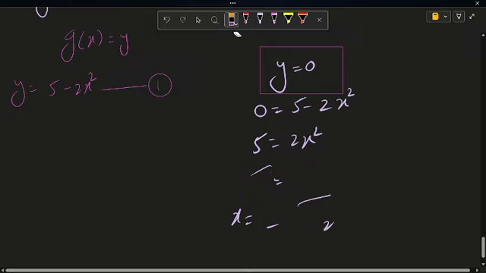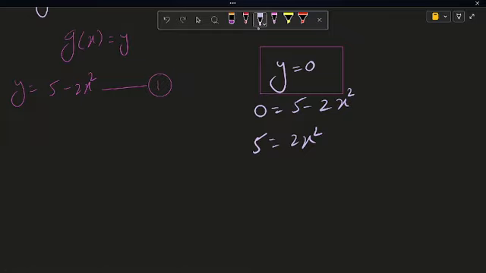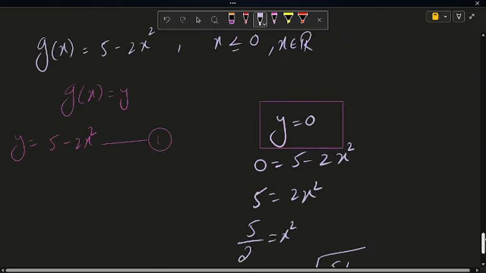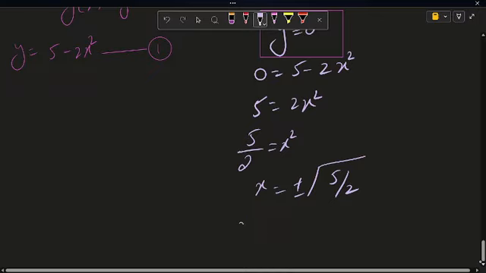Let me rewrite. 5 by 2 equals x squared, and x equals plus minus square root of 5 by 2. If you go back to the question, you can see there is a restriction: x should be less than 0. So the only possibility is x equals minus square root of 5 by 2.